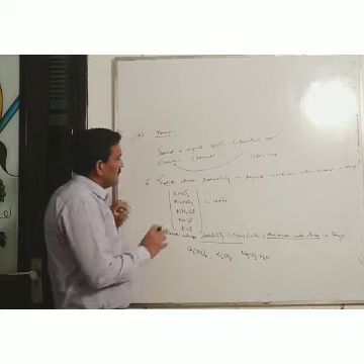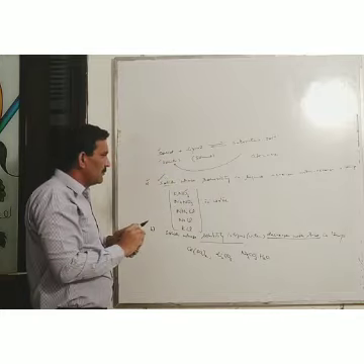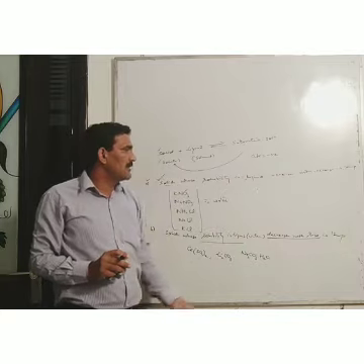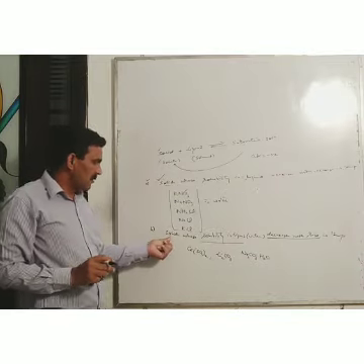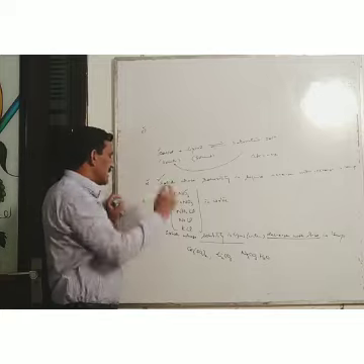So I have told two types of solids. First, the solids whose solubility in water increases with increase in temperature, and second, the solids whose solubility in water decreases with rising temperature. But there is a third category of solids also.